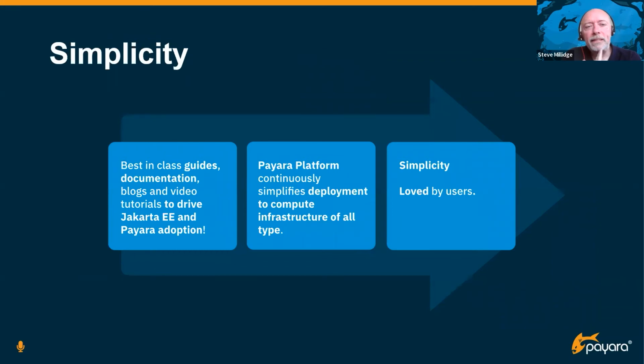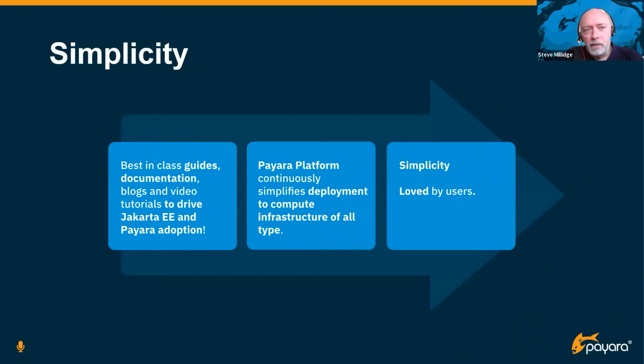We also want to bring in simplicity. One of the things we know is that things like Payara look really complicated, but simplicity doesn't just mean administration or development. It also means making sure that we have guides, documentation, videos, tutorials, training, getting started wizards, things like that, to make life easier and drive adoption of Jakarta EE and then hopefully Payara.